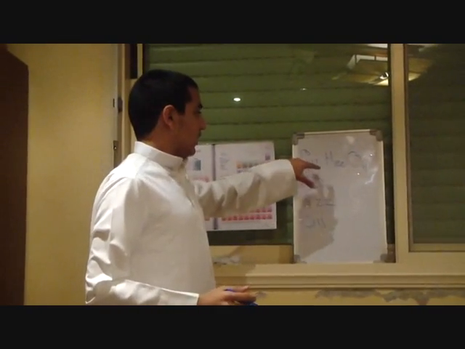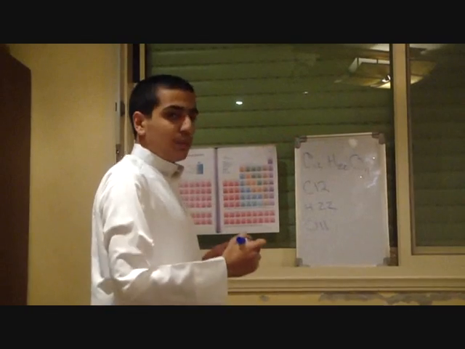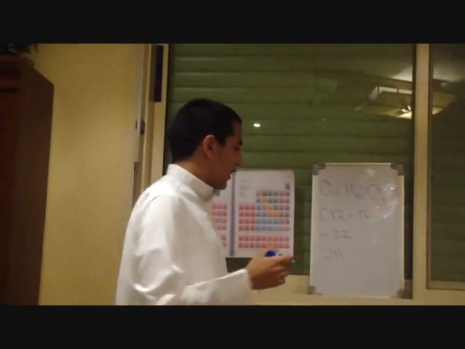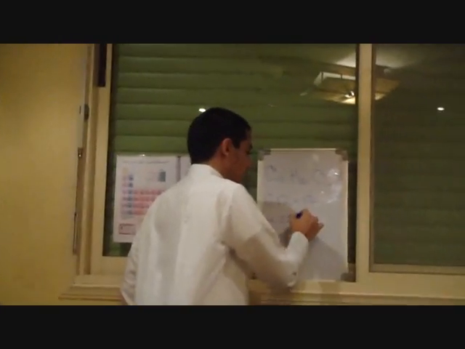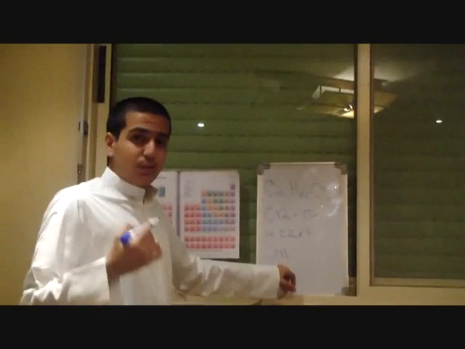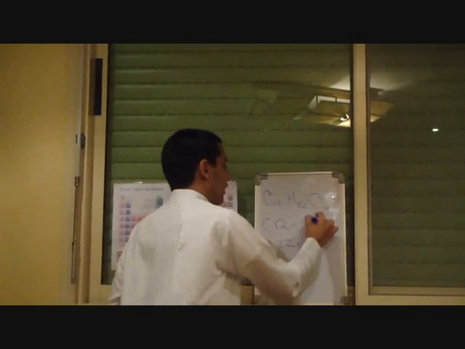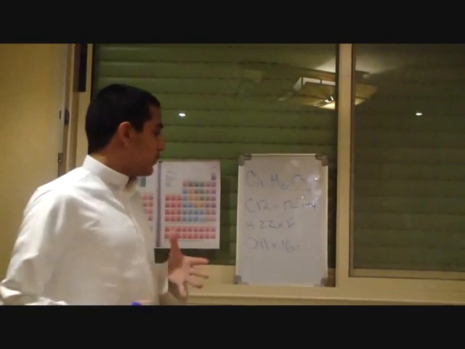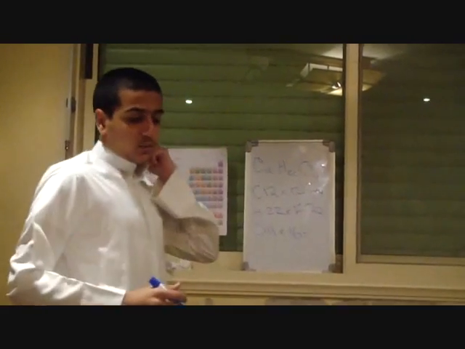So carbon 12, what is the molar mass of carbon? You can see it is 12. The molar mass of hydrogen is 1, and the molar mass of oxygen is 16. So 12 times 12 is 144, and 22 times 1 is 22, and 11 times 16 is 176.